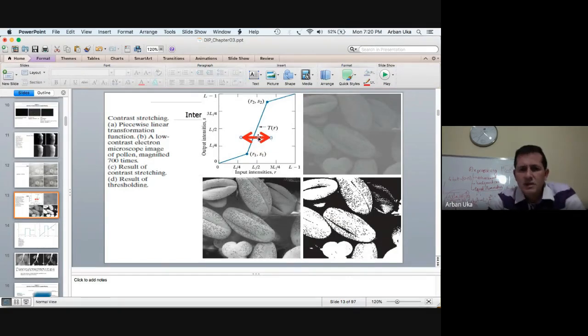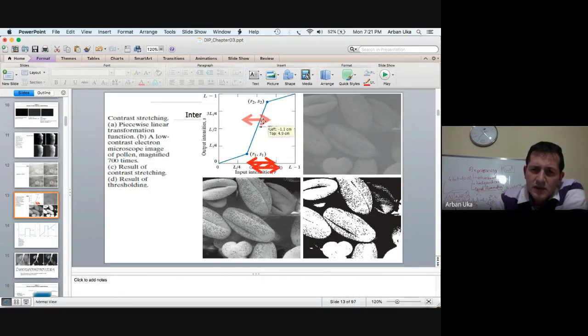So this is the range on the x-axis. This is how many pixel intensities we are covering here, and these values along the x-axis are projected into the y-axis. So this is the delta x, and this is the delta y.